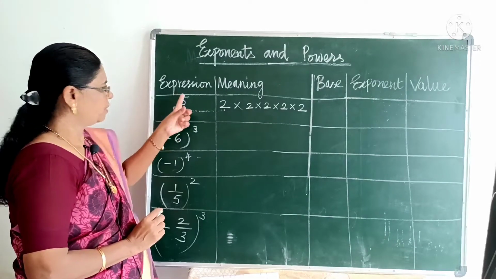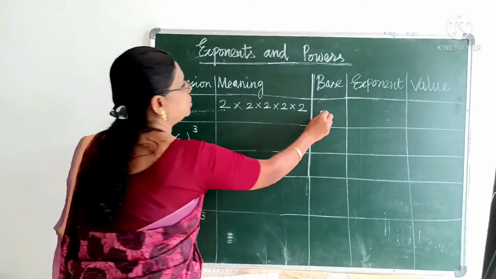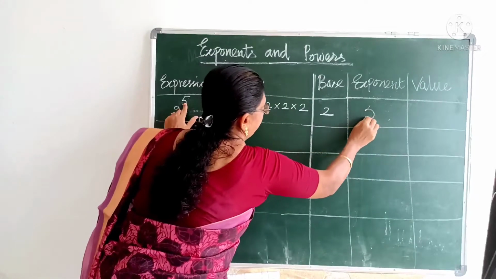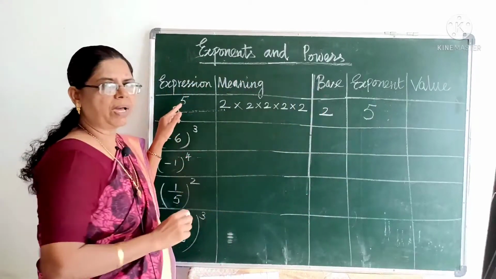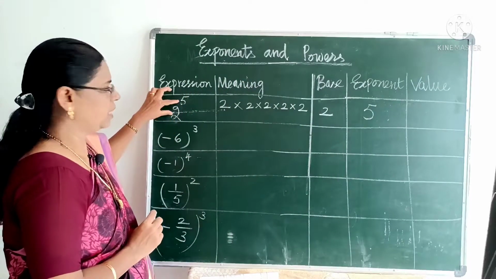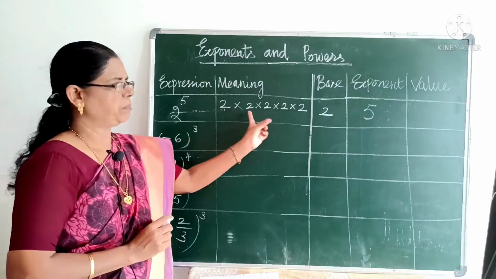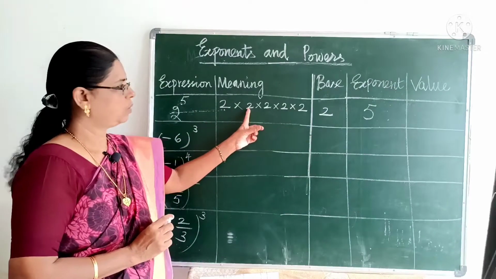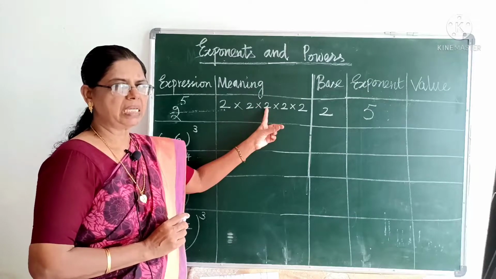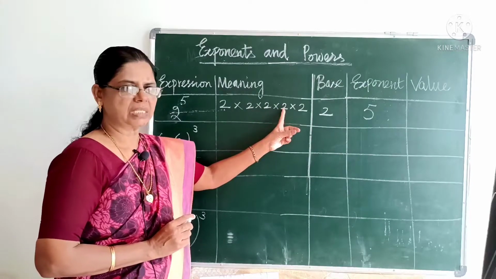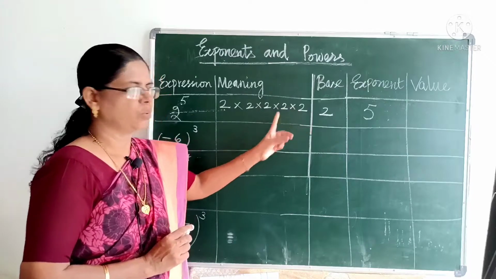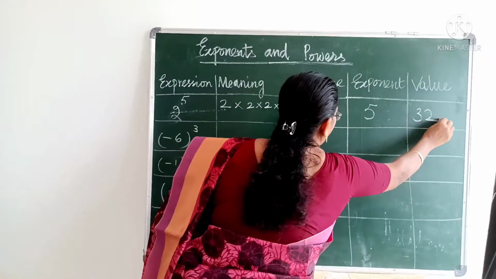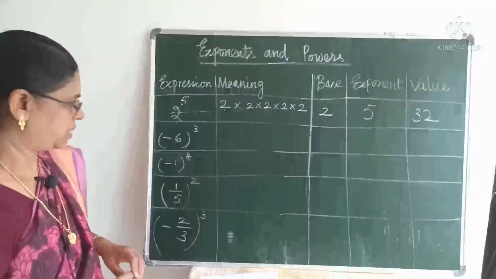In 2 power 5, the base is 2 and the exponent is 5. And how will you find out the value of this expression? Multiply these numbers. 2 2s are 4, 4 2s are 8, 8 2s are 16, and 16 2s are 32. So, 32 is the value of this expression.